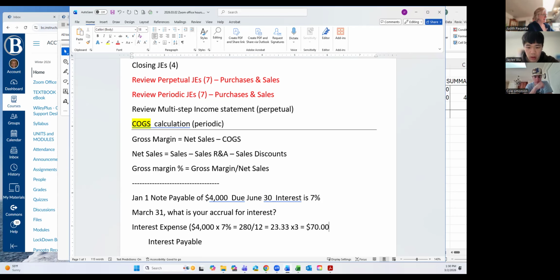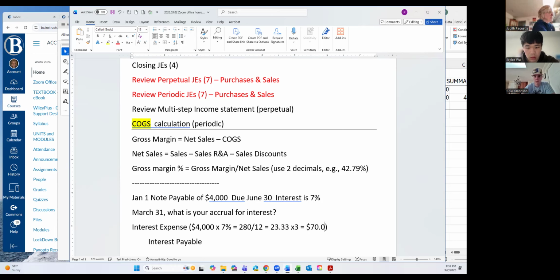And remember for my test, don't bother with pennies on the journal entries. If you're doing any kind of a ratio, I want 2 decimals. So like up here, if you're doing a gross margin, use 2 decimals, like 42.79%. But if you're doing a journal entry, I don't want the decimal. I don't want the pennies.